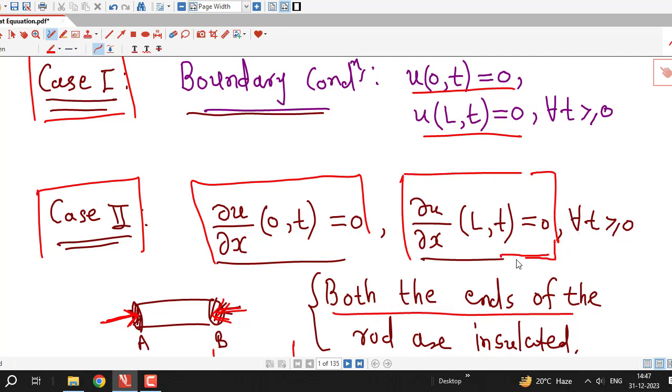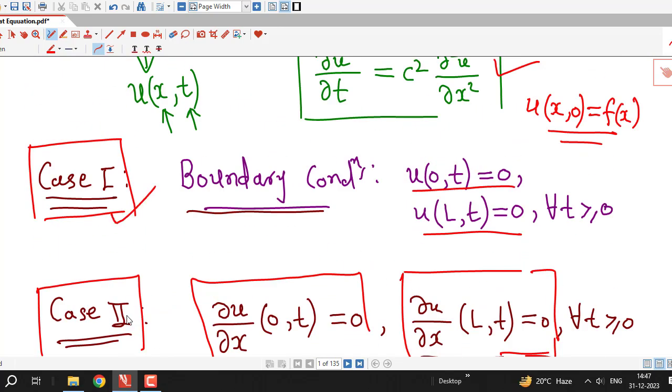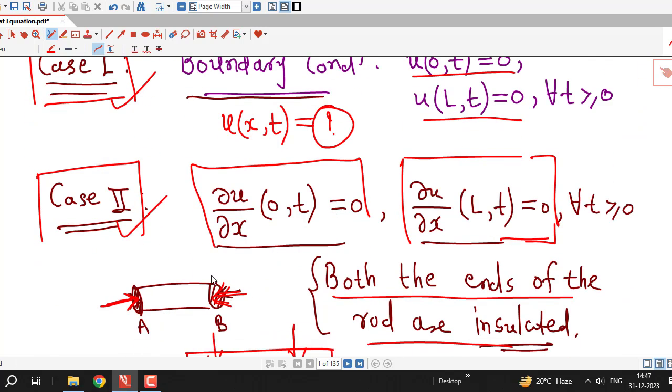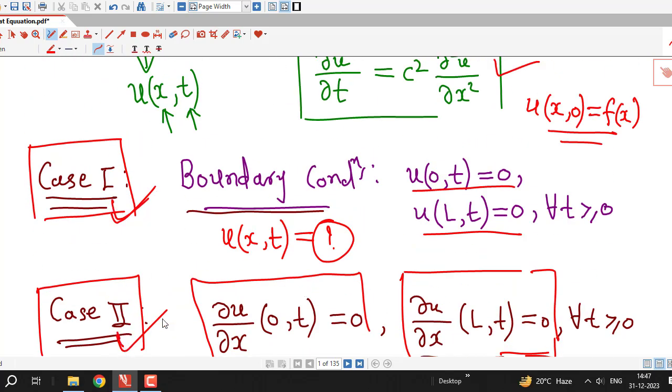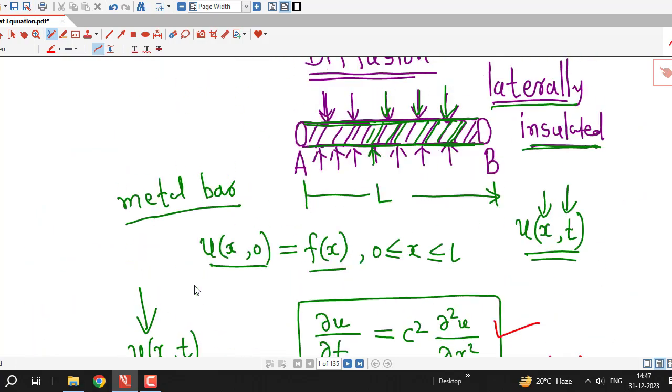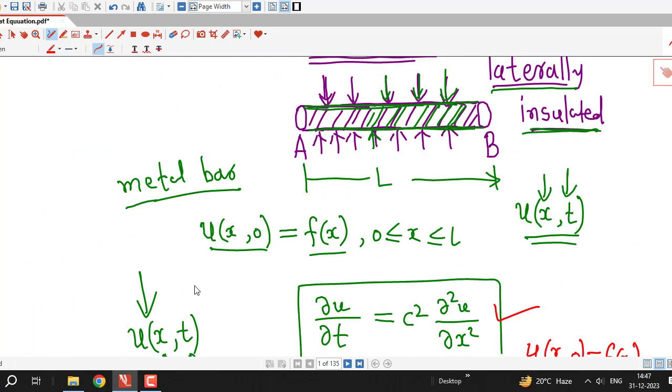We will discuss the solution for both the cases one by one, and derive the standard formula of the temperature distribution in both the cases using the method of separation of variables, and we will discuss the problems based on both the cases in this lecture series of heat equation.